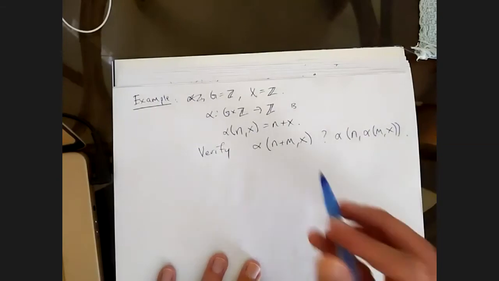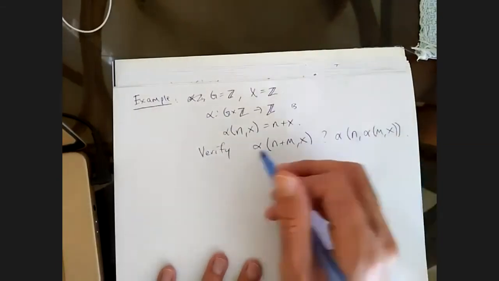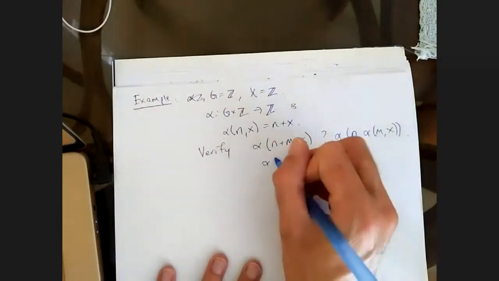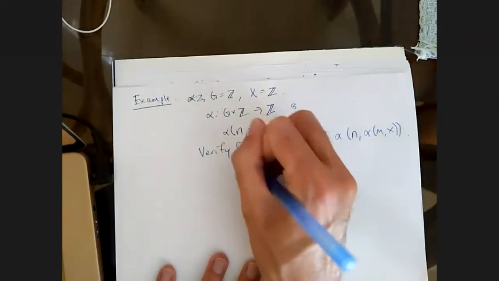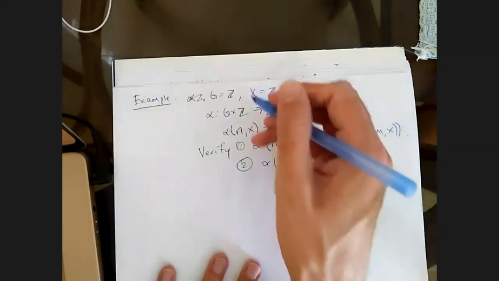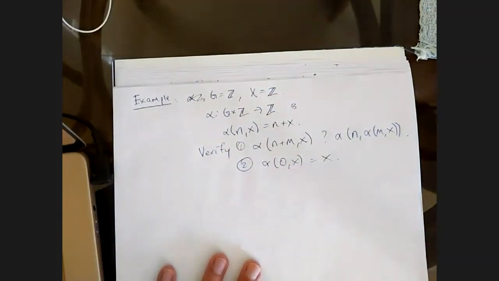And we also have to verify that alpha 0 X equals X. Okay, let's verify these two properties. Then we'll know that this is really a group action according to my definition. Then we want to see how elements of G give permutations.